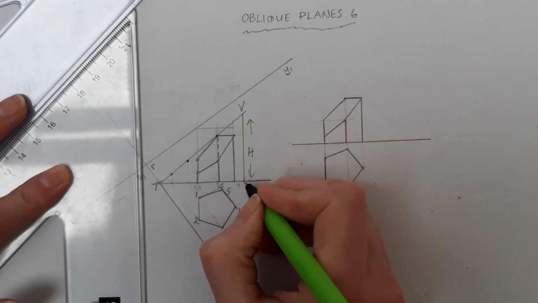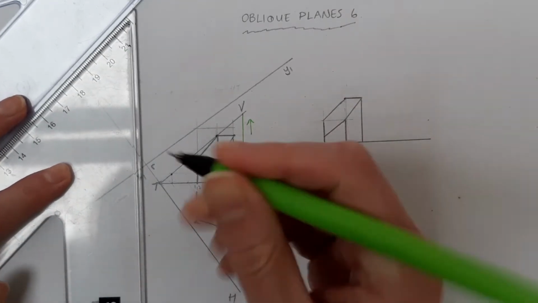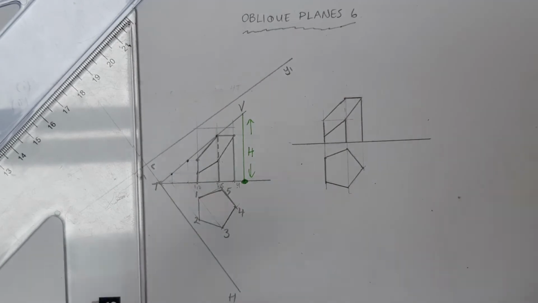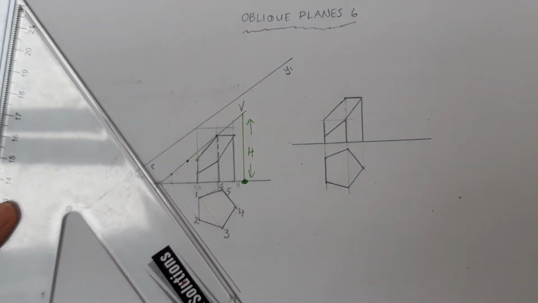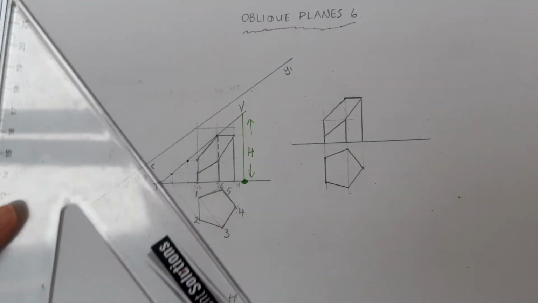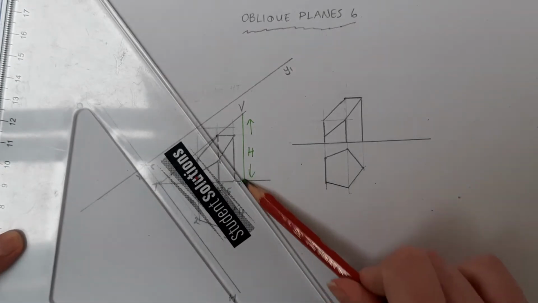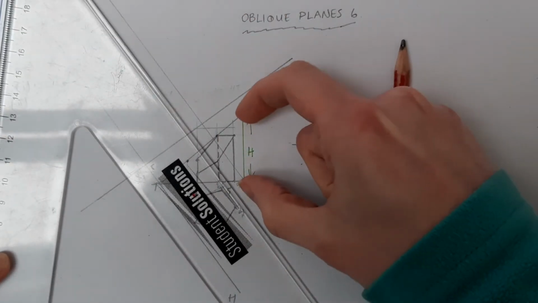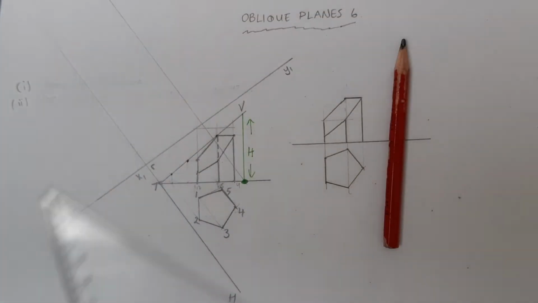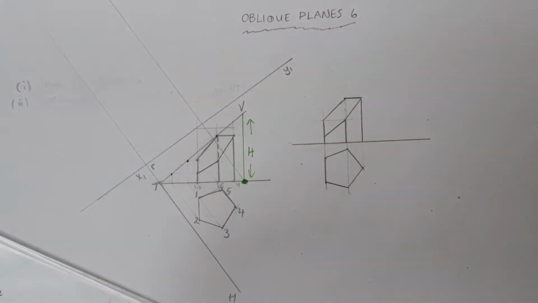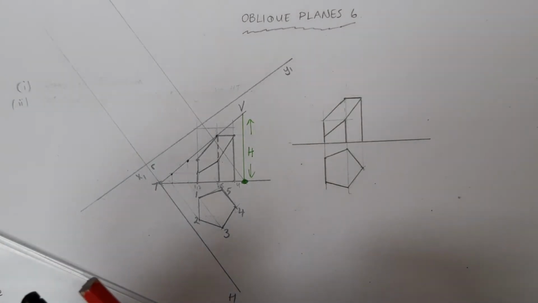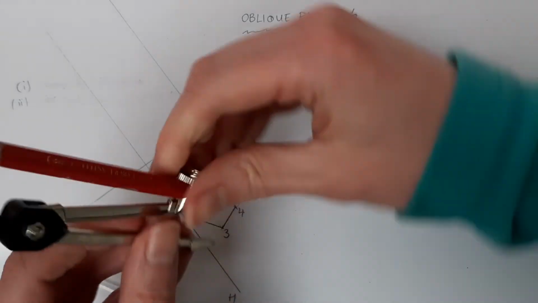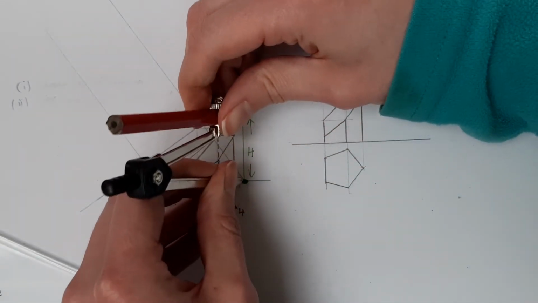And the point I'm going to bring out is the point on the ground that I want to find out in the auxiliary. So again, sliding your set squares parallel to the HT, bring out that point that's on the ground, and all we're going to do is take this height and transfer it, and that changes the angle, and it gets a true angle of the vertical plane to the horizontal.